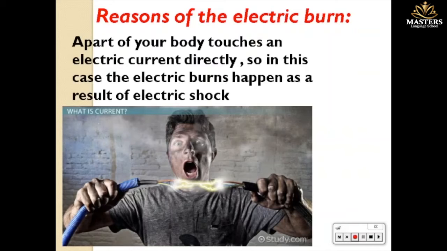In this case, the electric burns happen as a result of electric shock. So reason number one of electric burn is touching the fire resulting from electricity. Number two, touching the electric wires directly, or as a result of electric shock.